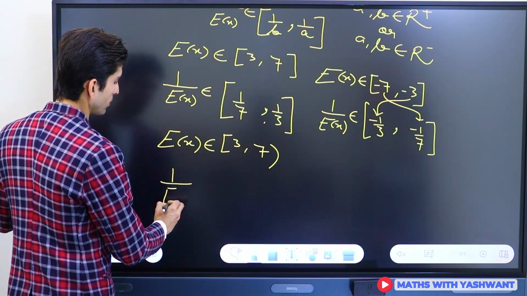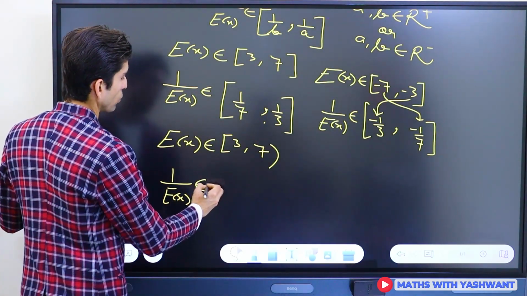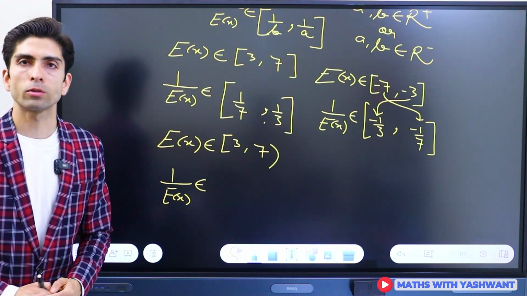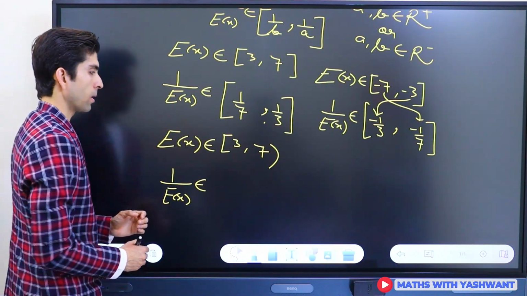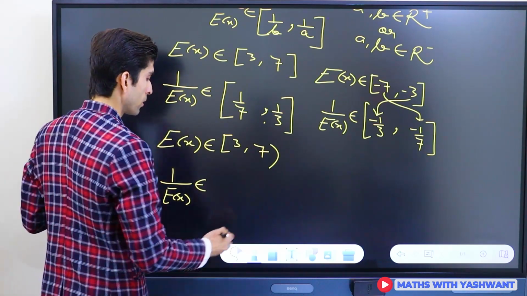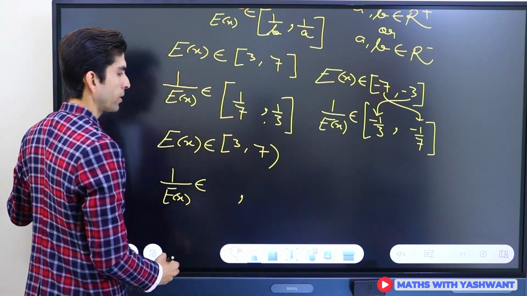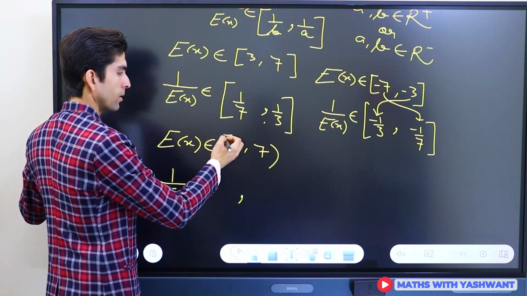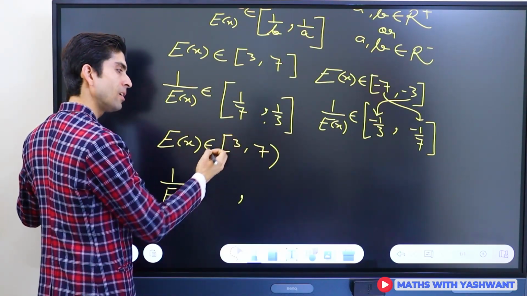So the working rule is same, that you have to do the reciprocal of the left hand and right hand boundary points and you have to reverse the order. This time we have to take care of the open and close as well. So there is no problem. Actually, we reverse the open and close as well. So the left hand boundary point is 3 closed.